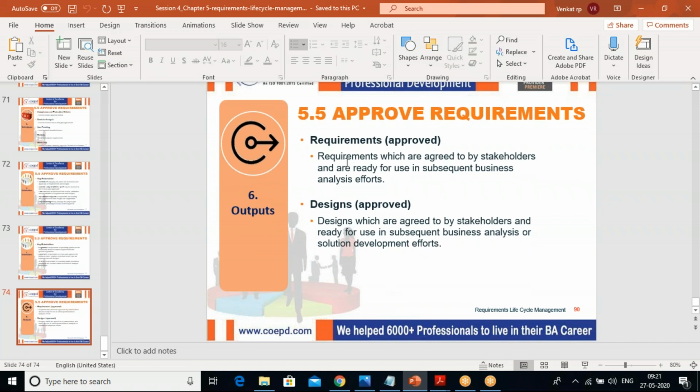So here we need to understand each of these tasks: what inputs they take, what outputs they generate, under what guidelines and tools they perform the action, what techniques are used, and who the stakeholders involved are.